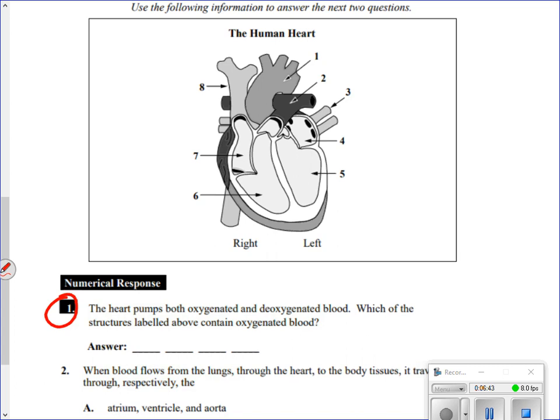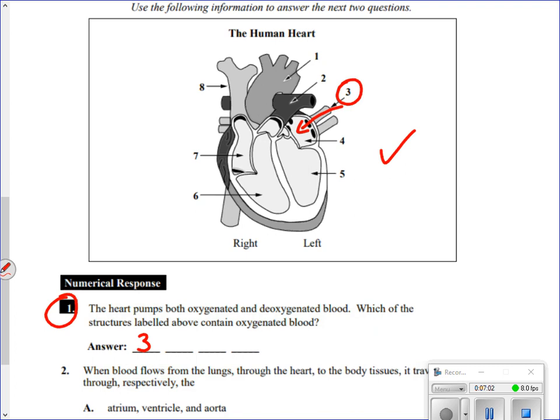So we just need to remember that the oxygenated blood is always over on the left-hand side of the heart, over here. So the structures that would contain that, well, it would contain the vein that is carrying blood from the lungs and back in. So it's going to be number 3 for sure, because that's coming back from the lungs.